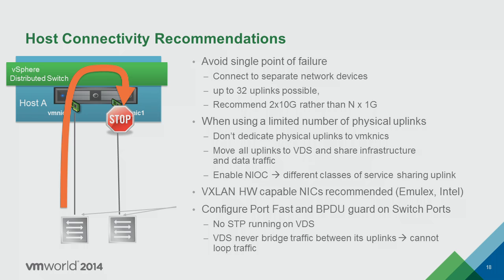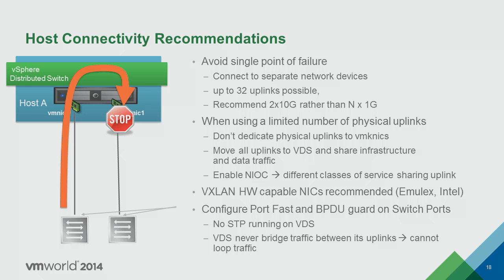Because you're basically short-circuiting the discovery phase of the spanning tree. And this cannot happen with our VDS, because the VDS will never, ever switch back traffic it has received on one uplink in one of its other uplinks. So it will never be part of a loop with the physical infrastructure, as it is today at least.